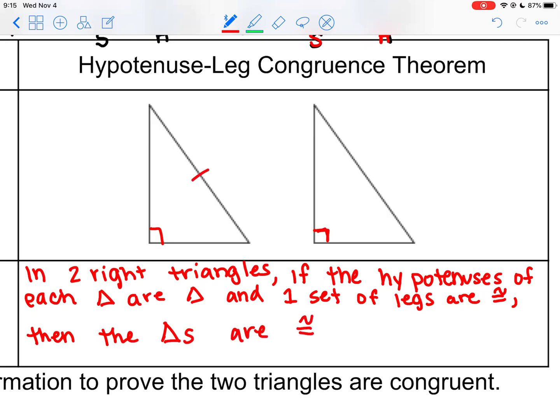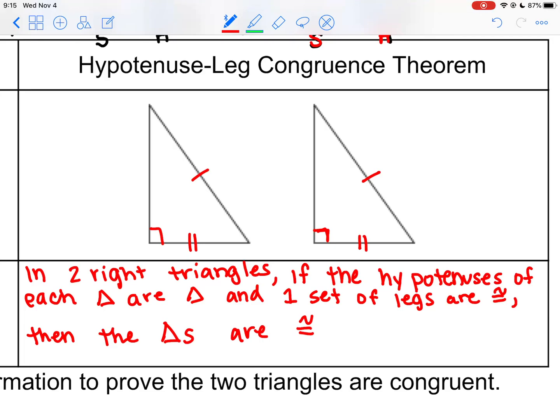So if the hypotenuse of each triangle is congruent and one set of the legs are congruent, then that is enough to say that this will be a set of congruent triangles. With a right angle, there is no other way that you could form another triangle that would be different.